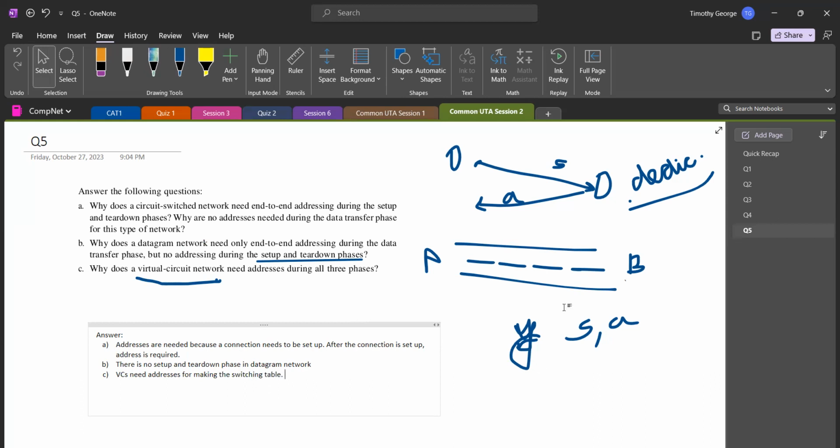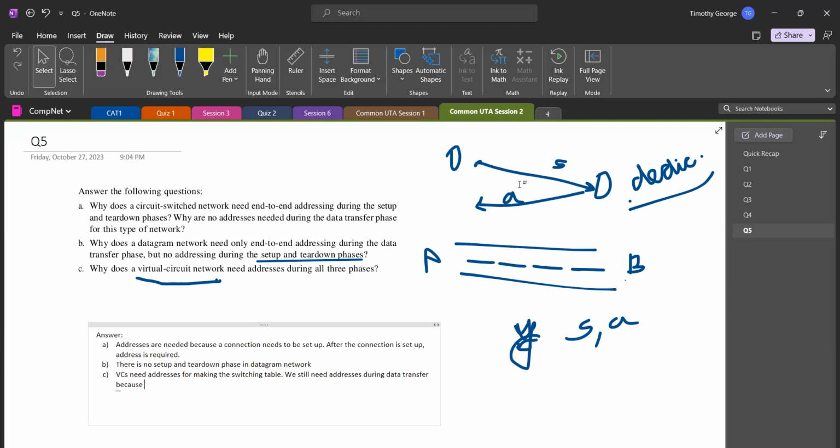But what is the last phase? Data transfer phase. Do we still need addresses? Yes, we still need addresses. Why? Because we don't have a dedicated road like this.